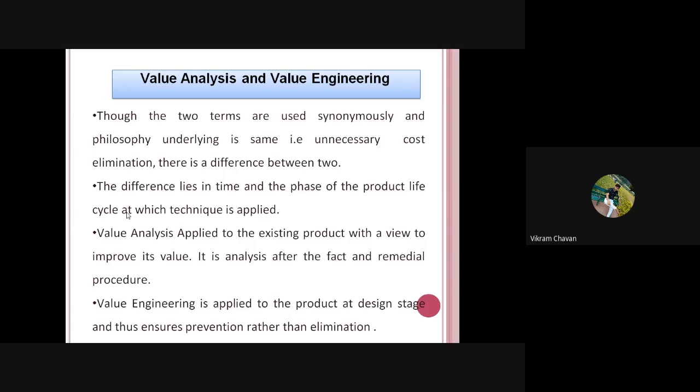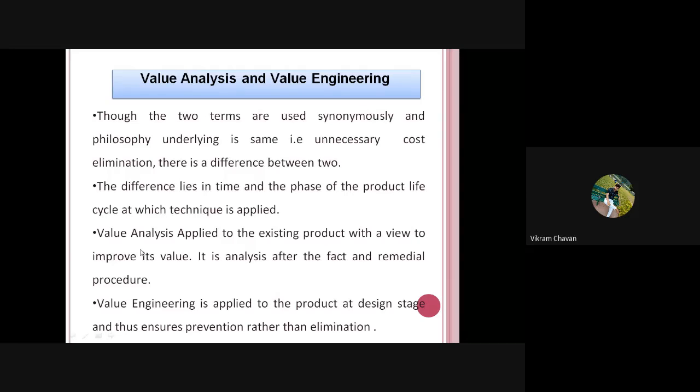Okay, so in that case the company needs to apply, or needs to check the value of our product, and needs to find alternatives to reduce the cost of the product, so that the valuation of the product should be increased. Okay, after the launching of a product, we are doing this task of reduction of the cost of a product. So that is nothing but value analysis.